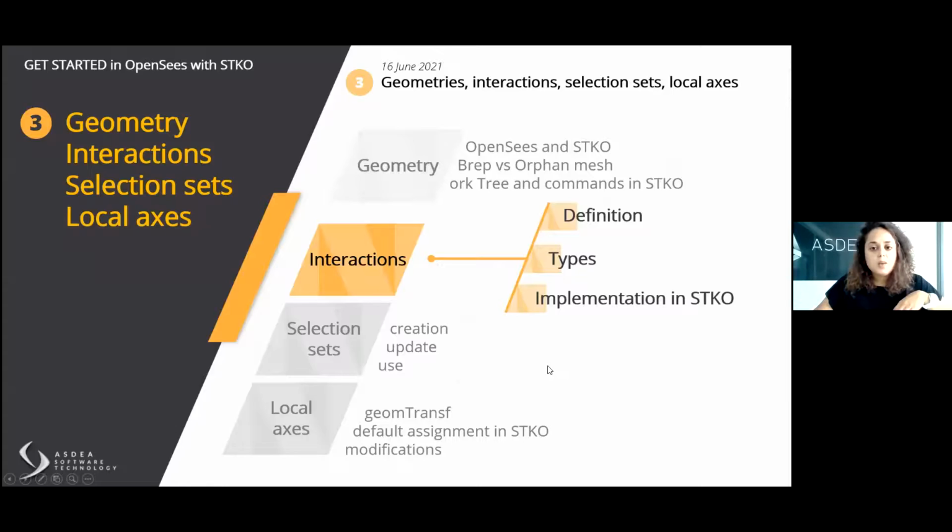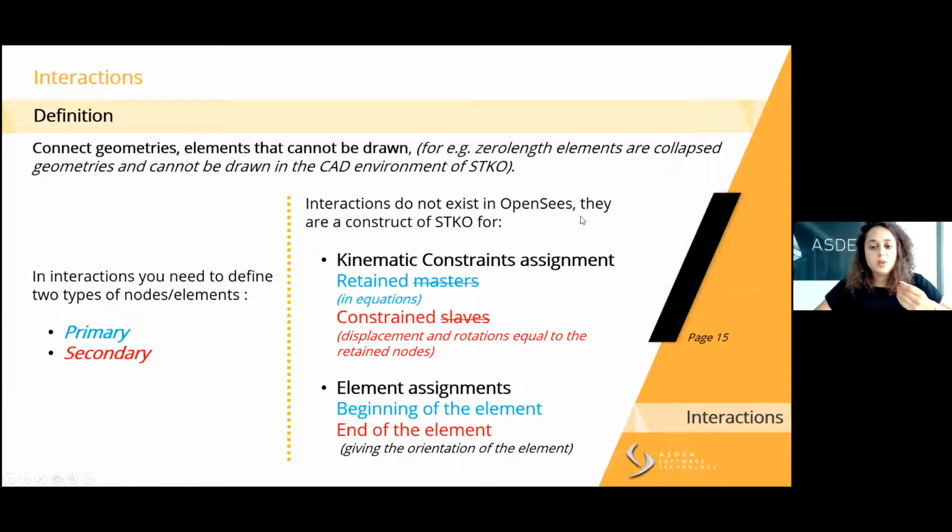So interaction is a concept that does not exist in OpenSees as it is. It is a concept that we introduced in STKO because we needed to find a way to connect geometries and elements that cannot be drawn. For example, zero-length elements are collapsed geometries that you cannot really draw with our CAD interface.